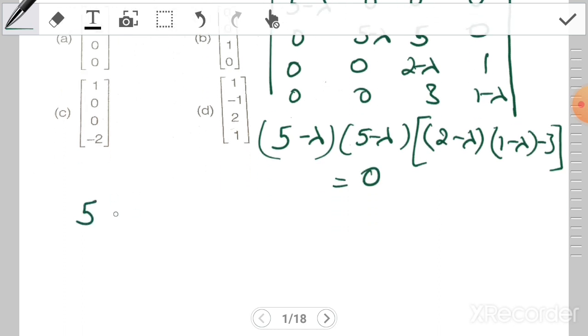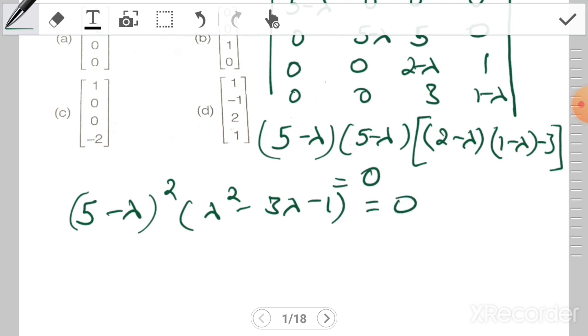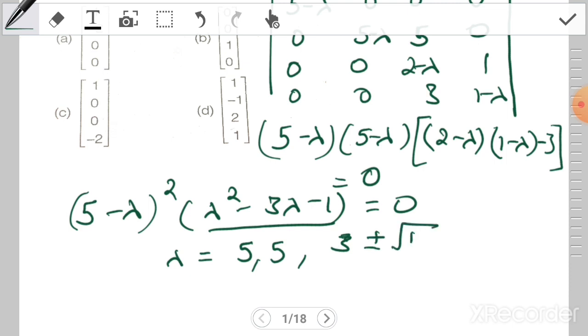Solving, (5 minus lambda) squared, lambda squared minus 3 lambda minus 1 is equal to 0. So lambda will be either 5 or, solving this equation, 3 plus minus root 13 by 2.